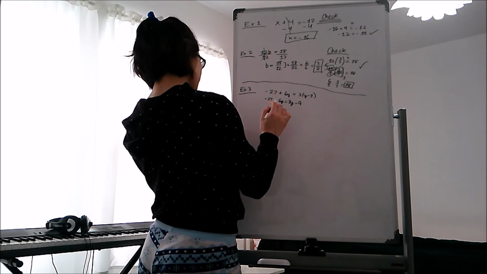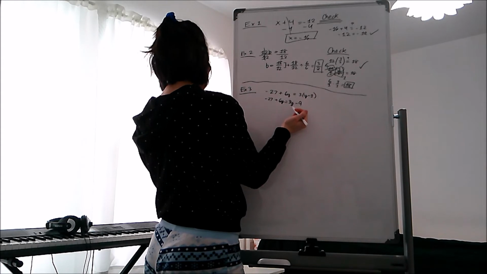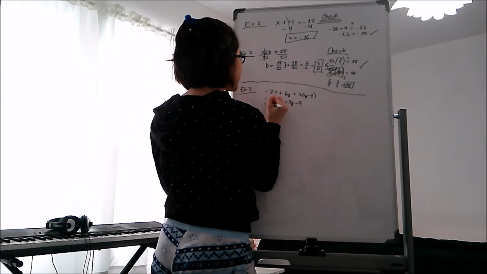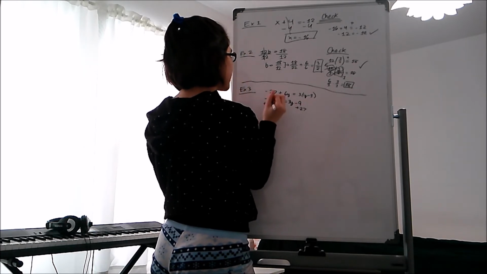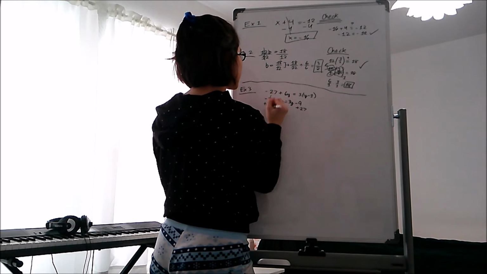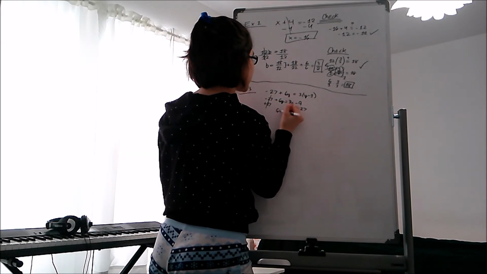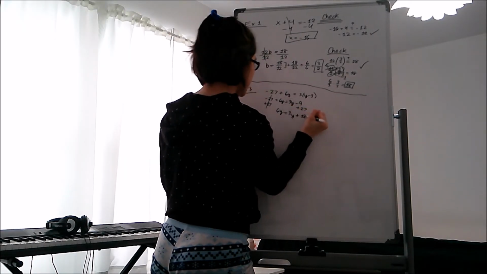So what I'm going to do is add 27 to both sides to get rid of the constant on the left-hand side. So this cancels out. Negative 9 plus 27 is 18. So we have 6y equals 3y plus 18, okay?